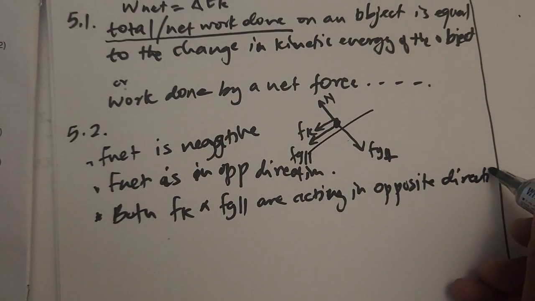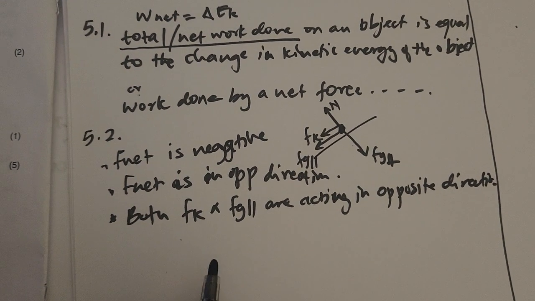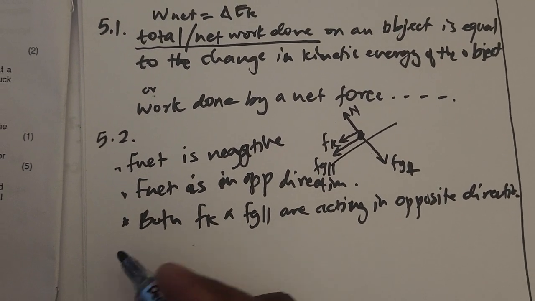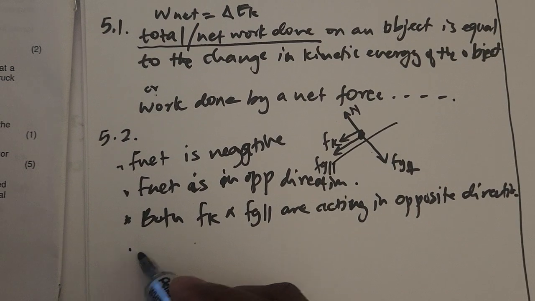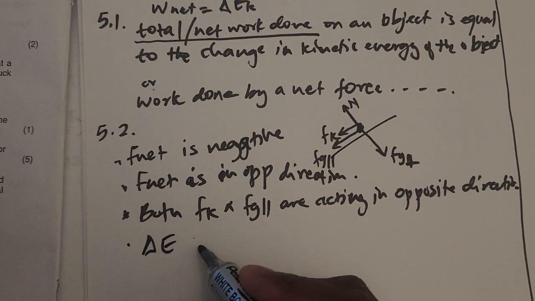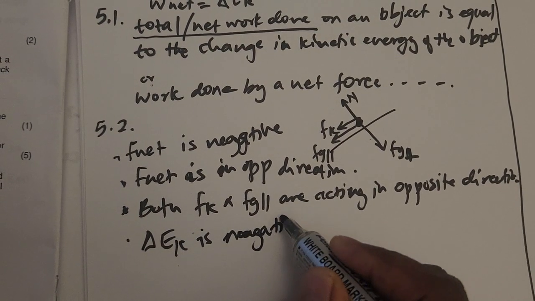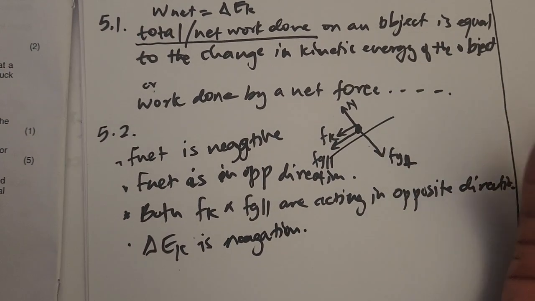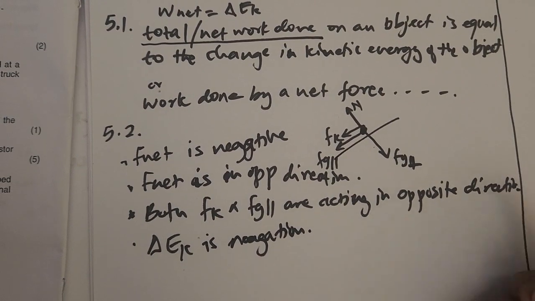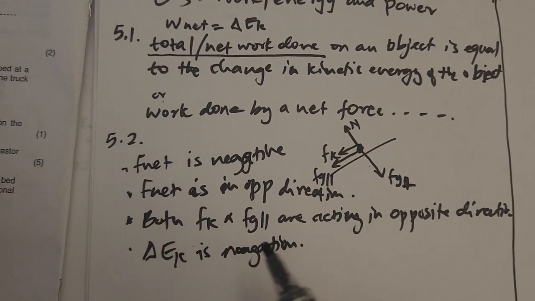So fine, that's the case, no problem. Or just say delta EK is negative. If you just say delta EK is negative also, it will be okay, fine, because the final velocity will be 0, the initial is not 0, so delta EK will be negative.